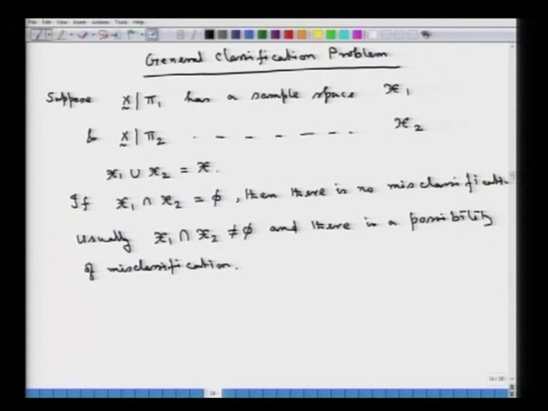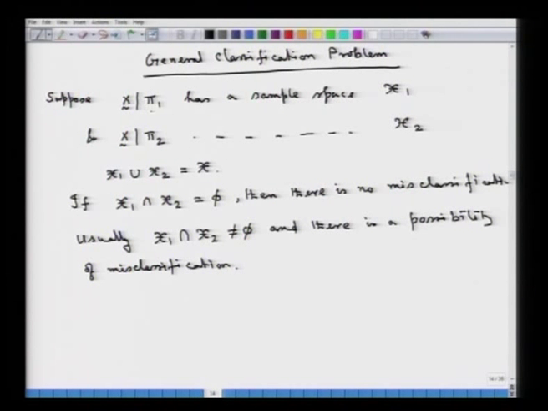Looking at the region of its occurrence in the sample space, one can easily say from which population it is coming. However, for almost all real life applications, that is not the case. So, for practical situations, script x1 intersection script x2 is not equal to phi.